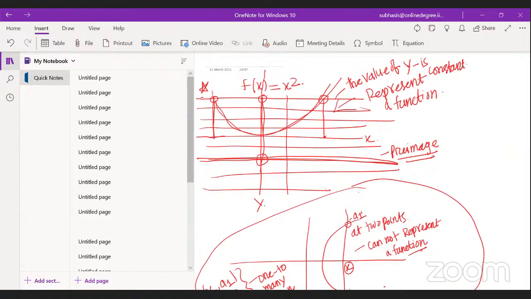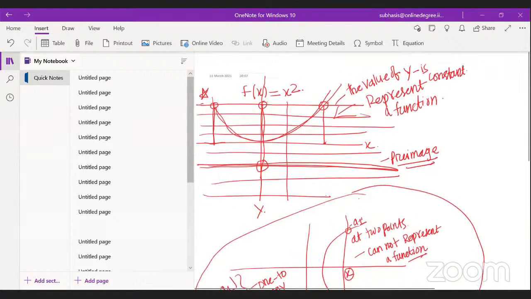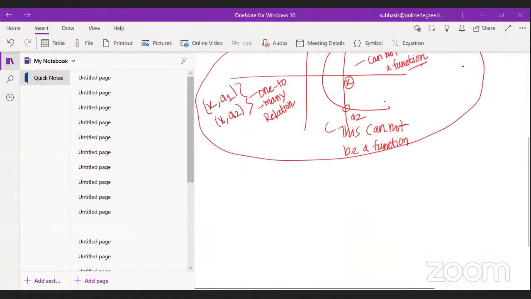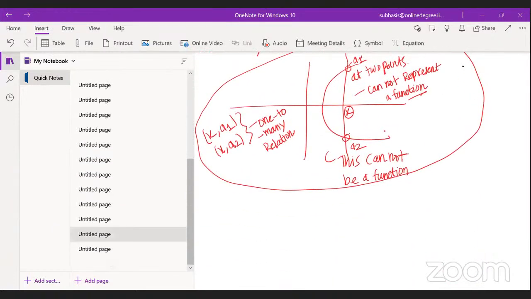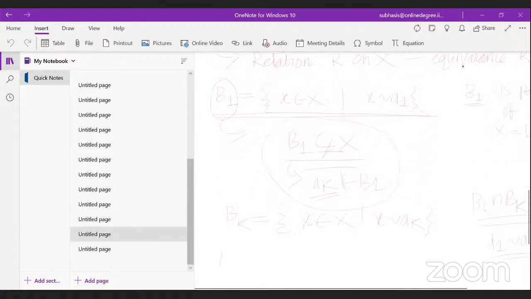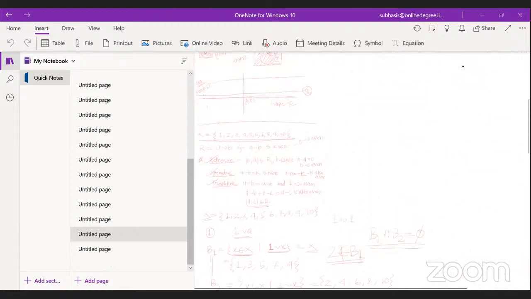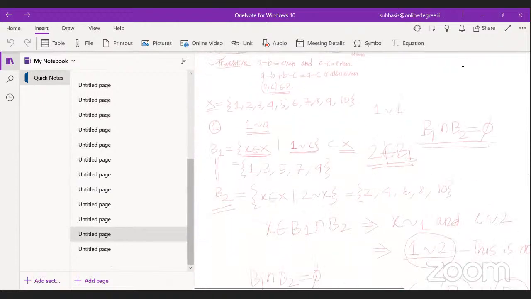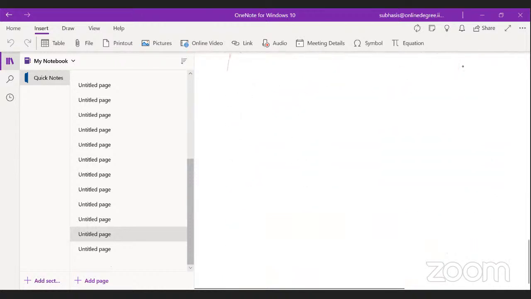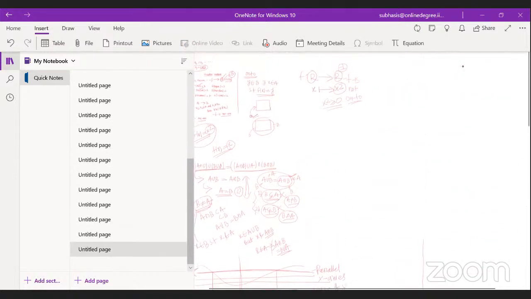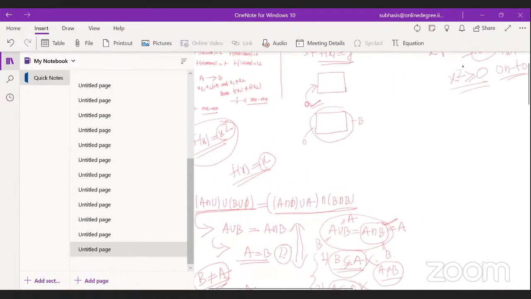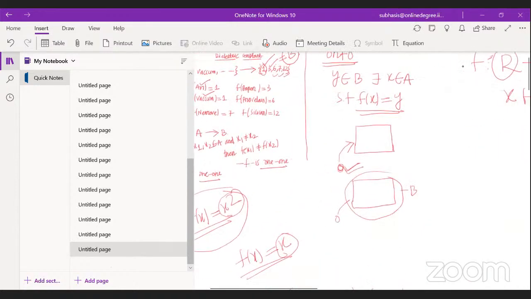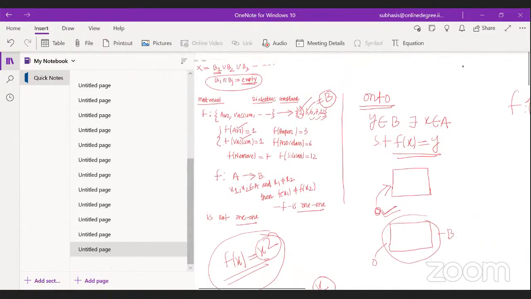see, the first thing is you have to represent your function in the xy plane. I cannot represent this particular function in the xy plane.